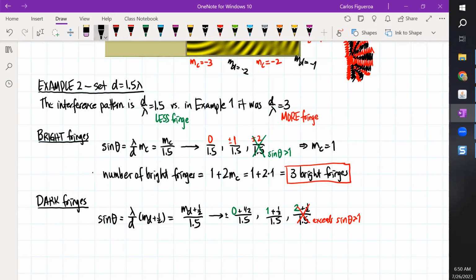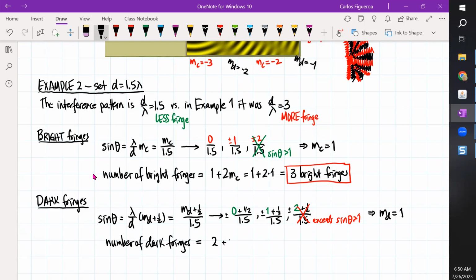So when I look at this, I see here that my max value of m_d is 1. Now if I look at the number of dark fringes, this is going to be 2 because of the 2 zeros.